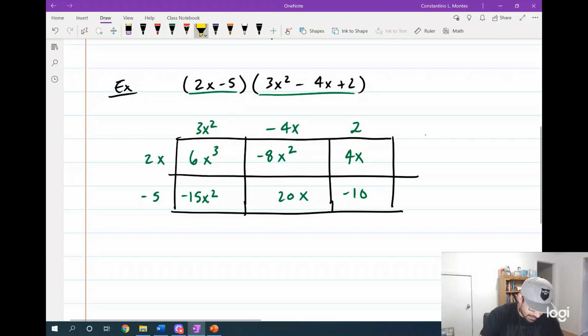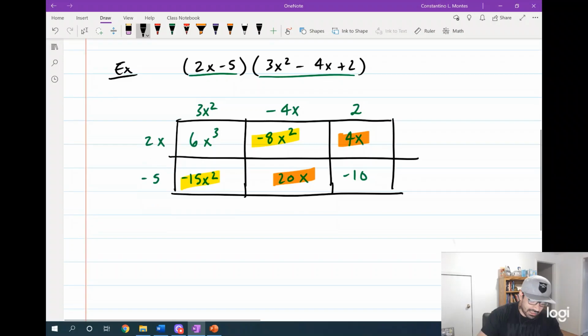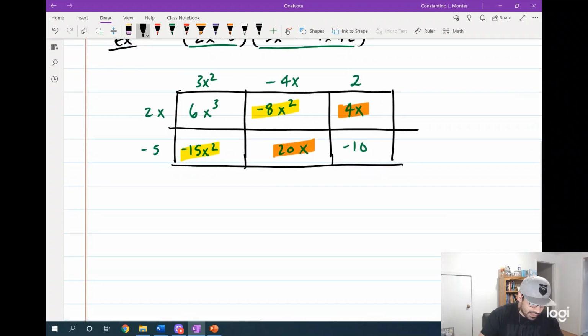We get this diagonal right here and here. Those are going to be like terms. We can tell because this has a power of 2 for the x. This has a power of 2 for x, and this has a power of 2 for x as well. Also, this one right here and this one right here, the power of x is 1 for each piece, so they are also like terms. So we're going to keep that in consideration when we start writing this out.